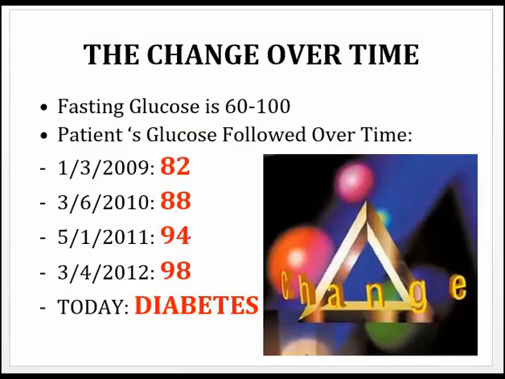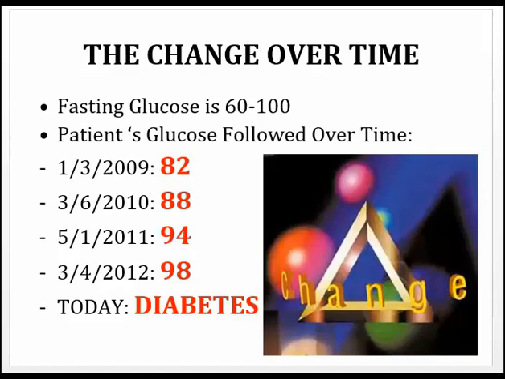Just to give an example here, let's take glucose. Glucose is blood sugar, and it should be around 60 to 100. On January 3rd, 2009, the patient went to the doctor's office and their blood glucose measured 82. The next year, on March 6, 2010, they went to the doctor's office and it measured 88.